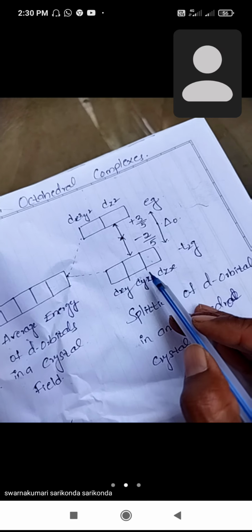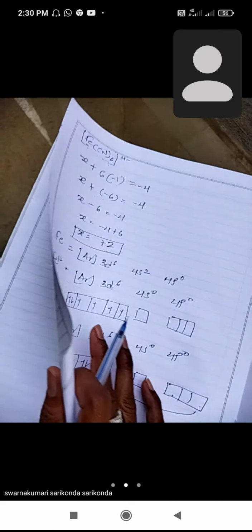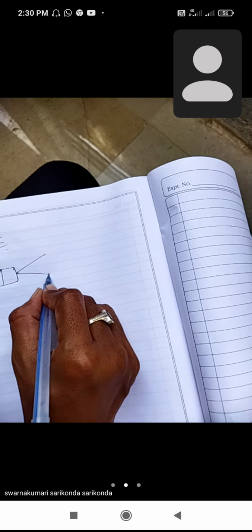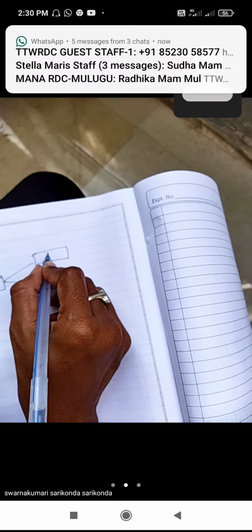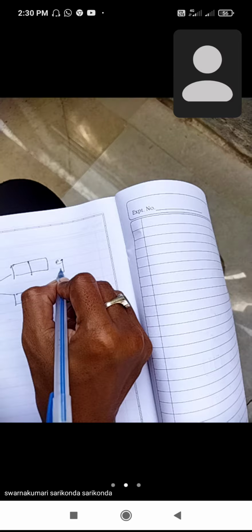In octahedral complexes, the lower energy orbitals are 3 and the higher energy orbitals are 2. We call the lower set t2g and the higher set eg.